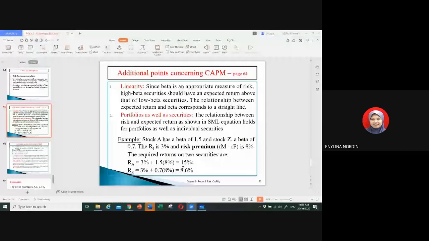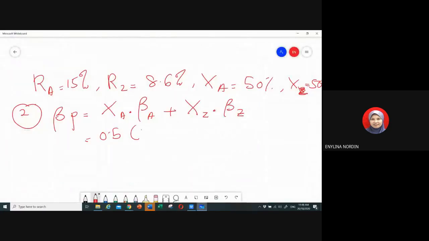Plus 50% times the beta of Z, which is 0.7, right? Then you get the beta of the portfolio, which is 1.1 if I'm not mistaken.